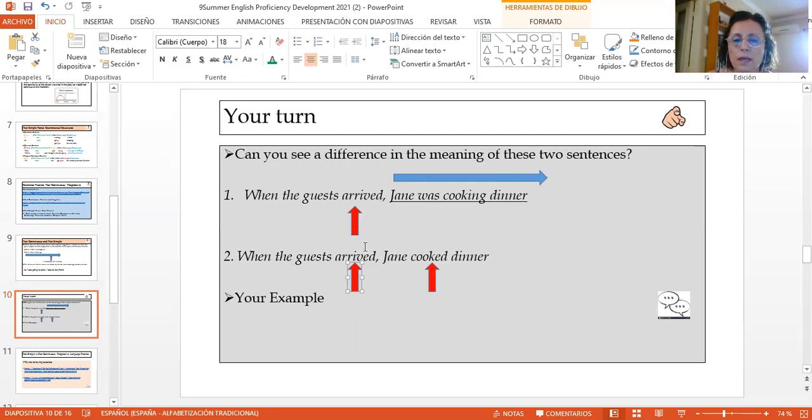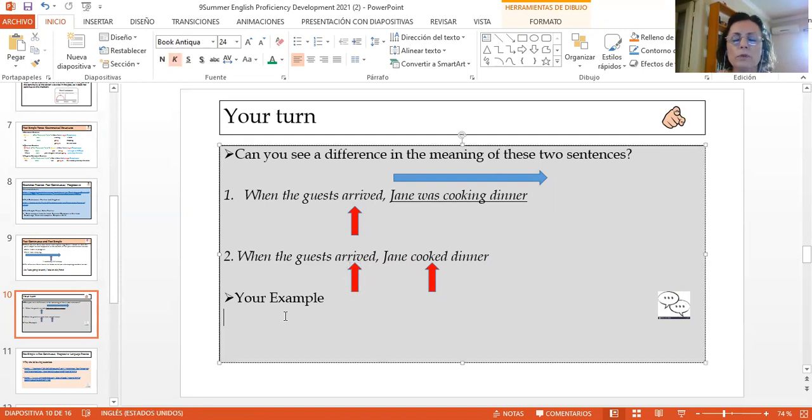Es como yo veo el aspecto del verbo. ¿Sí? Si lo veo que está en progreso o que está terminado. Estas son dos acciones terminadas. When guests arrived, Jane cooked dinner. Two finished actions. But in this case, one action is taking place and another happens at one moment.